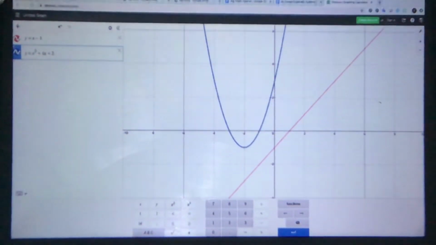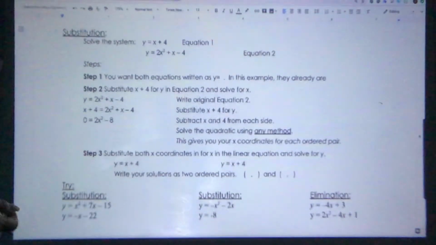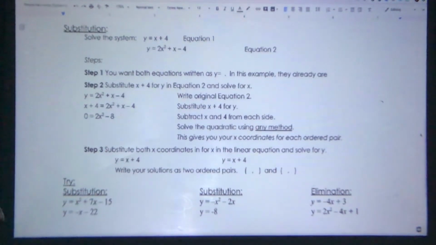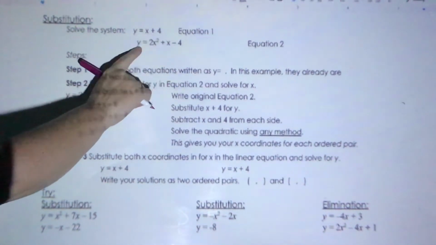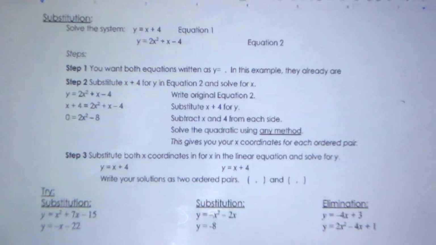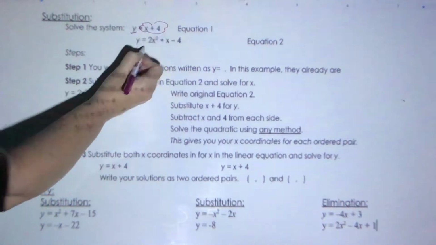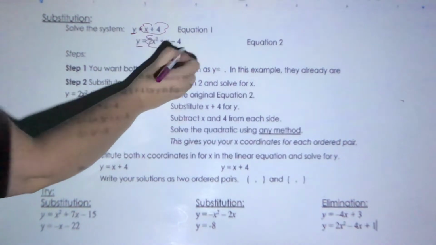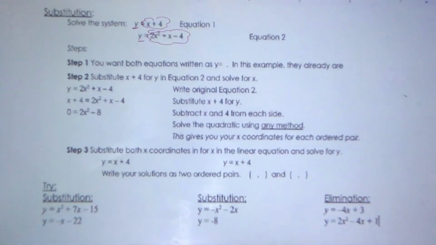So now let's go back and look at some other methods of solving. The main method that you'll be working with is substitution. If you have this system, here's my linear equation, here's my parabola, and I want to know where they cross. If y equals this, and y also equals this, that means that these 2 things would have to equal each other. So that's what you do.